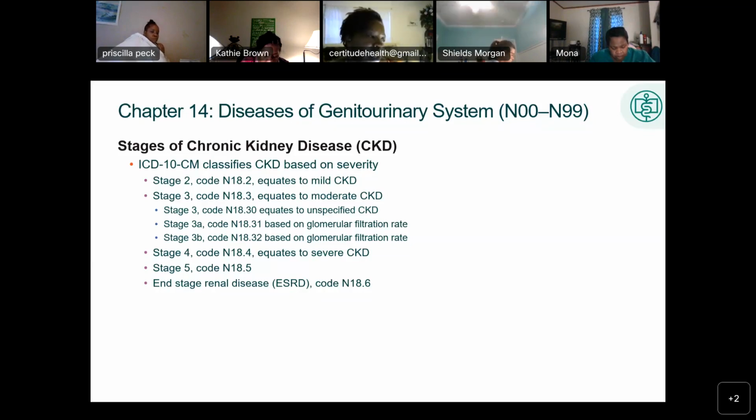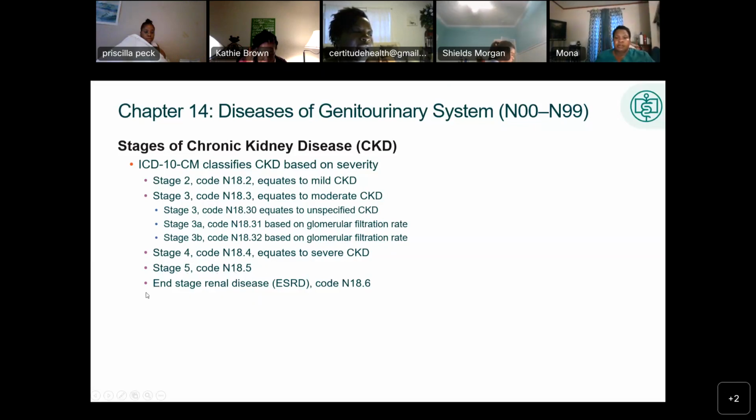Notice that, again, the character after the decimal point relates to the stage. So stage 2 would be N18.2. Stage 3, N18.3. 3A and 3B have an additional character just for that primary distinction to determine what is A and what's B. Then stage 4 is N18.4. Stage 5 is N18.5.